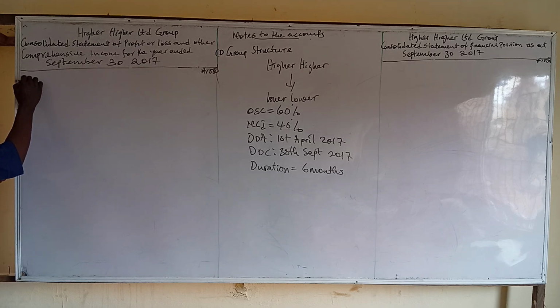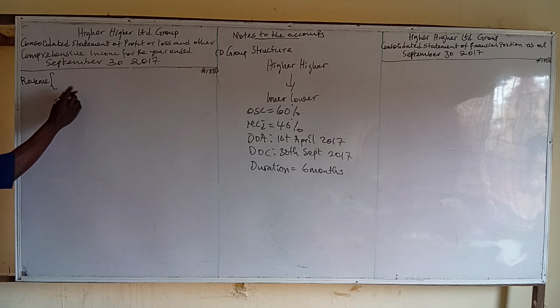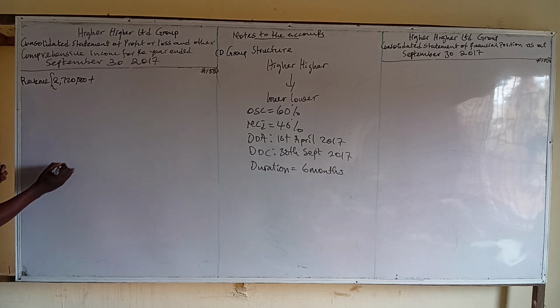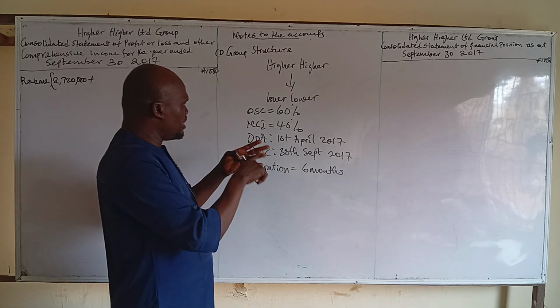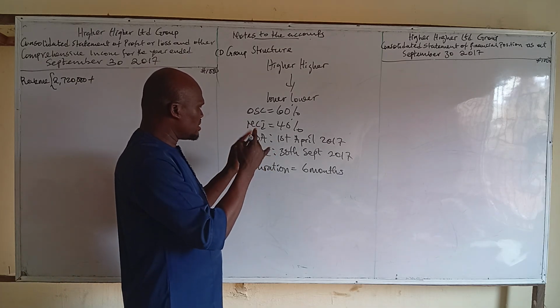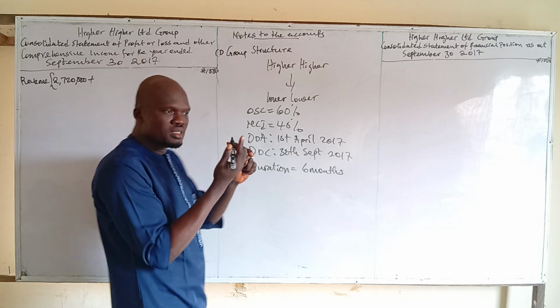So we have revenue. What's the revenue of IIR? 2,720,000, plus how many months? If you count from April, May, June, July, August, September, that's 6 months.